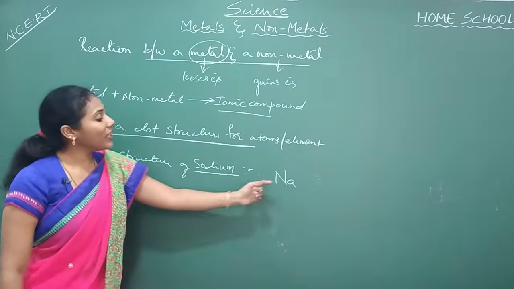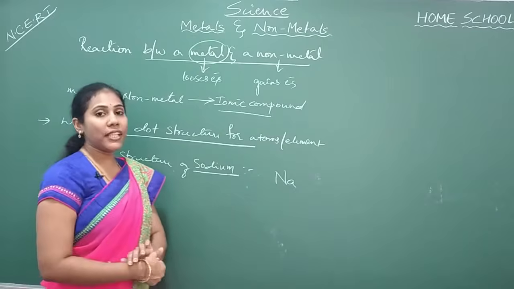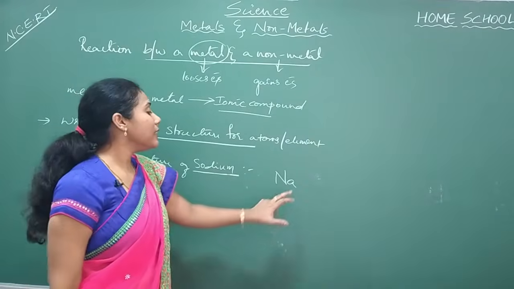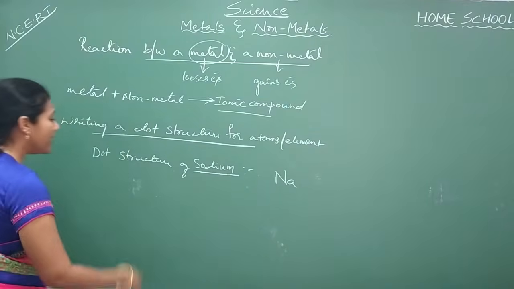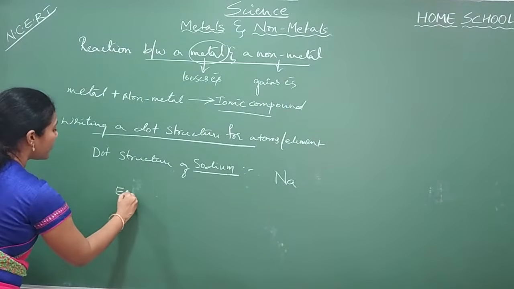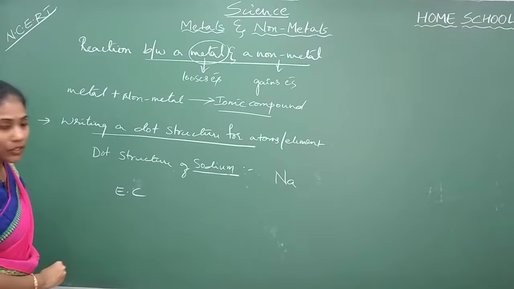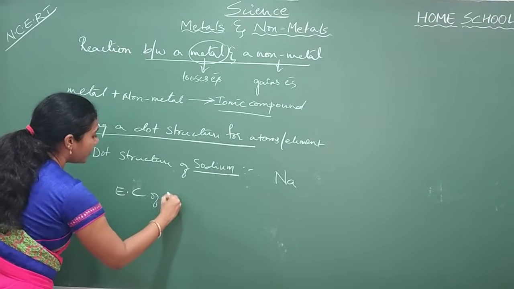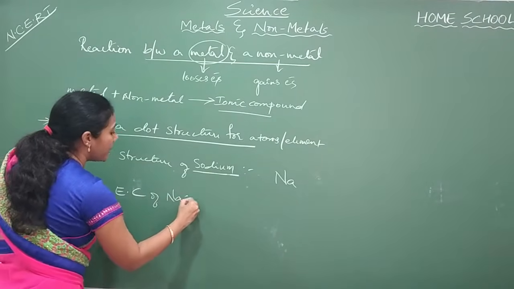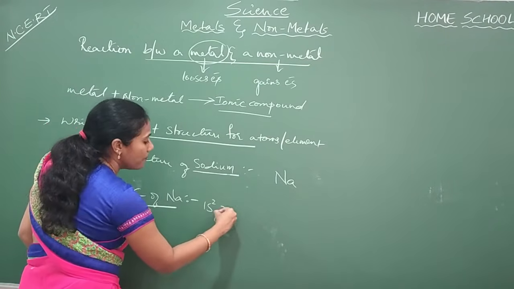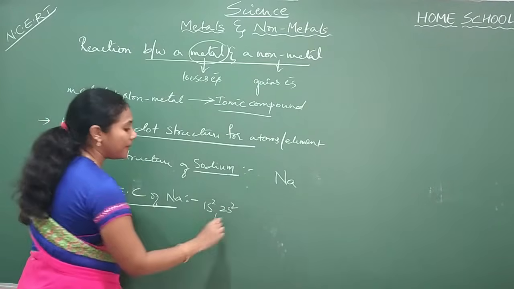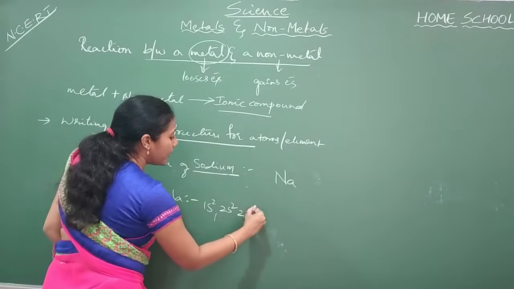So to write the dot structure of sodium, you must know how to write the electronic configuration for sodium. EC means electronic configuration. The electronic configuration of sodium is 1s2, after 1s2, 2s2 completely filled, and 2p6.